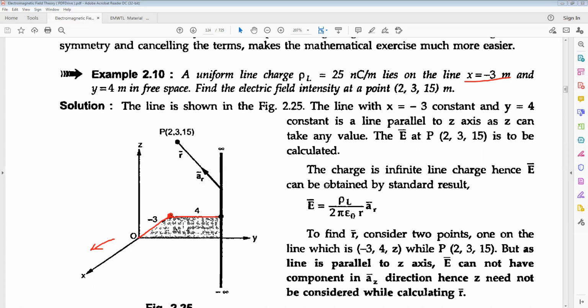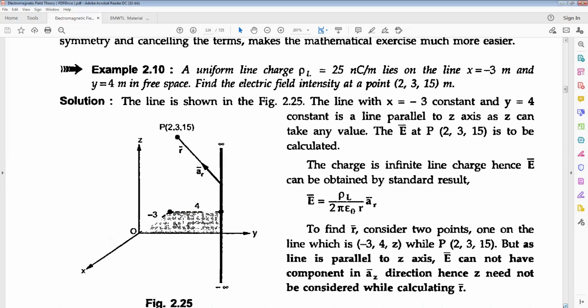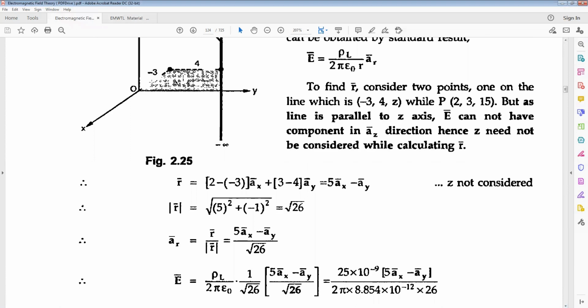We already proved that for a uniform line charge distributed on the z-axis, E bar is equal to rho L by 2 pi epsilon naught R into AR bar. To find the R bar component, the point (minus 3, 4) is given. Then we need not take the Z component because the charge is uniformly distributed along the Z-axis. We are eliminating the Z.